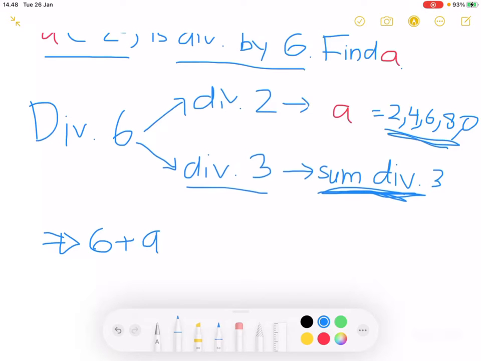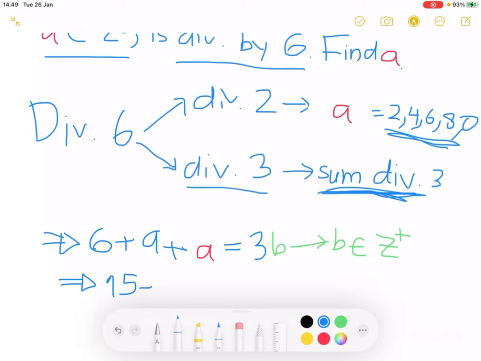So 6 plus 9 plus a, and this must be equal to something that is divisible by 3. I'll just denote that as 3b, where b is an integer, specifically a positive integer. So we can just simplify this out: 15 plus a equals 3b.